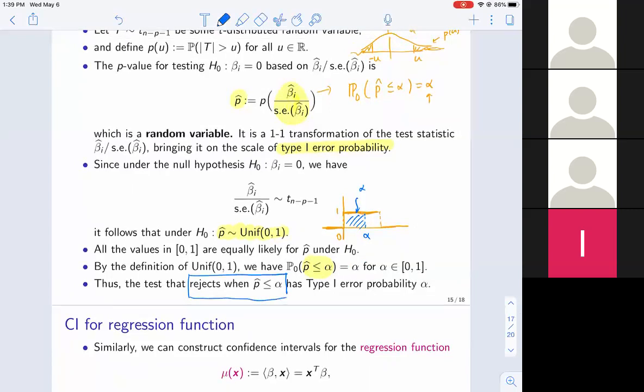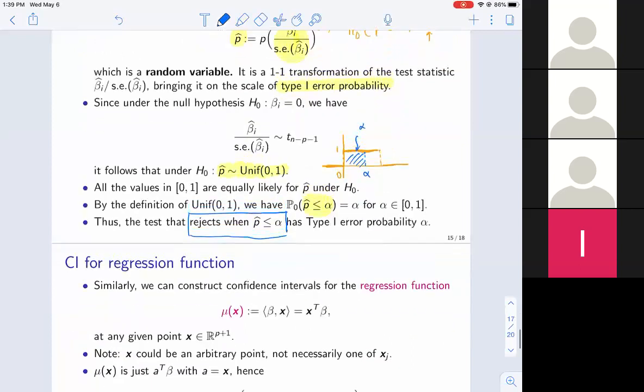This simplifies your life because the threshold on the original test statistic, beta hat i divided by the standard error of beta hat i, is not this simple.